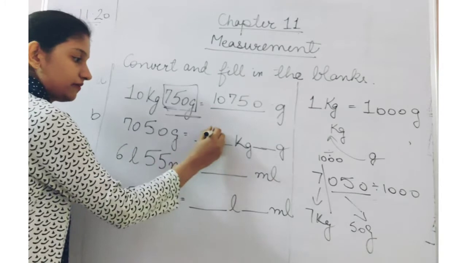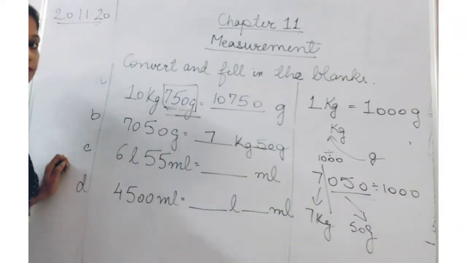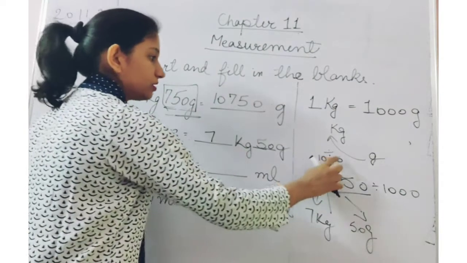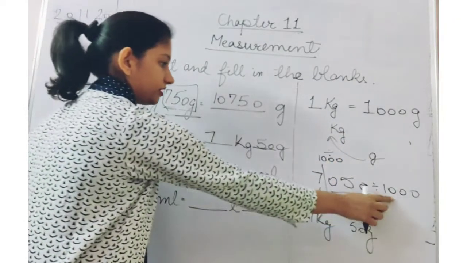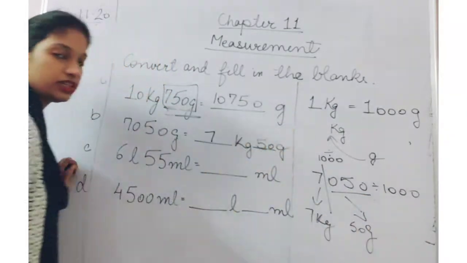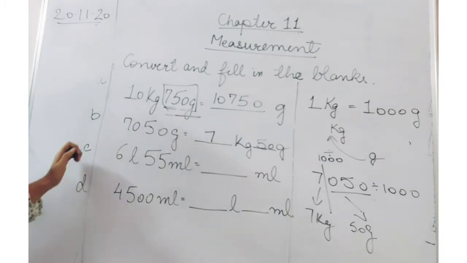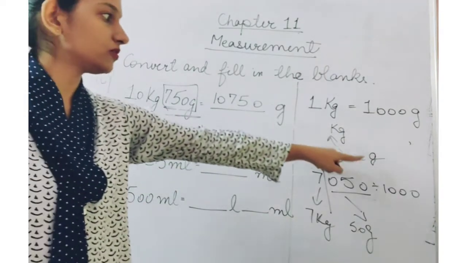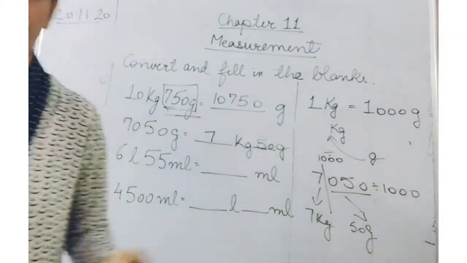So the answer will be 7 kg 50 grams. Because you are dividing by 1000, there are 3 zeros; separate the last 3 digits, you will get the grams, and the remaining part will be kg. Simple as that. So when you go from a bigger to a smaller unit, multiply. When you go from a smaller to a bigger unit, divide.